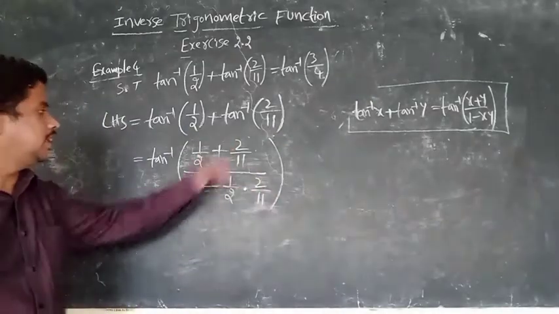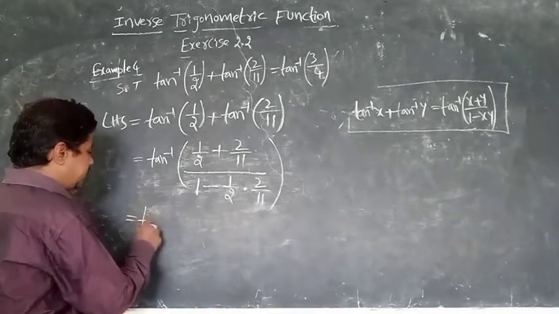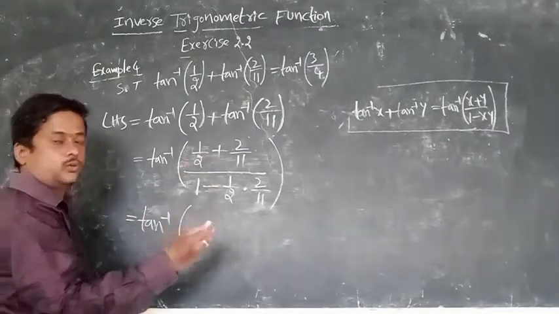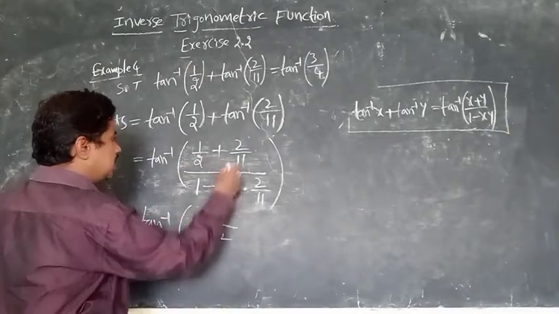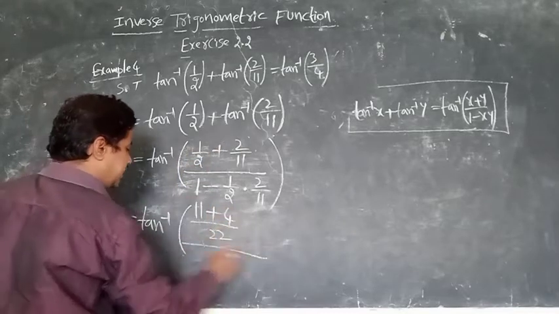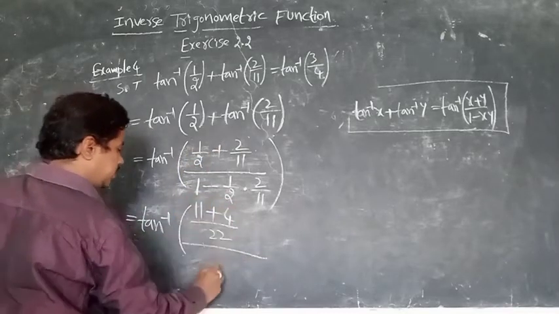Tan inverse of — what is the LCM? 2 into 11 is 22. 11 into 1 is 11, plus 2 into 2 is 4, divided by 22.